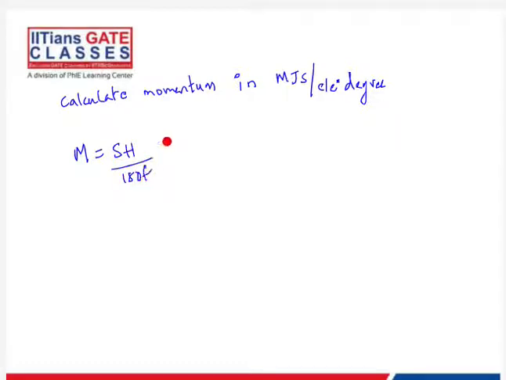That is, P divided by cos phi times H divided by 180F. Right? So what do we have?